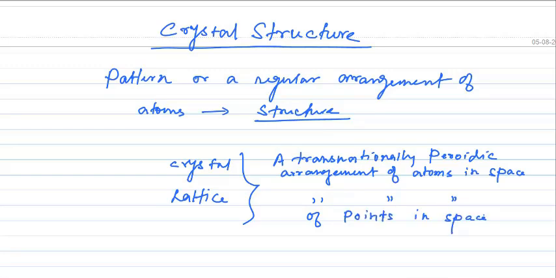So if it is just points, that is the lattice, how do you get to the crystal from this? Because lattice does not talk about atoms, it is saying that it's a periodic arrangement of points. So that means to each of these points we need to assign an atom, something that can be repeated, right? And that repetition in 3D will give you the entire crystal structure.